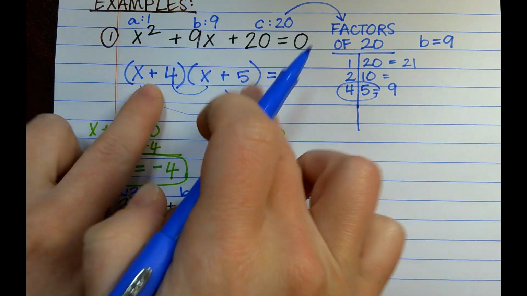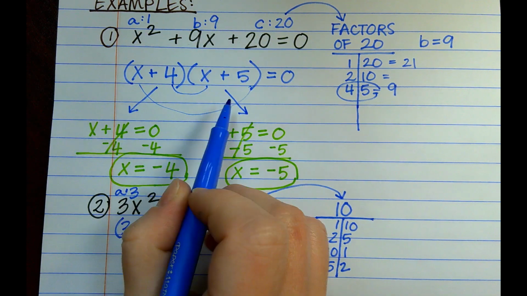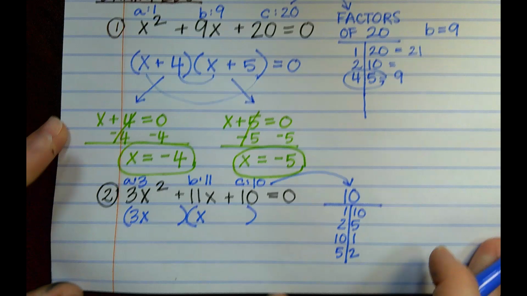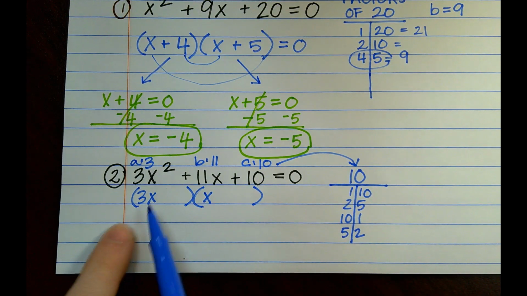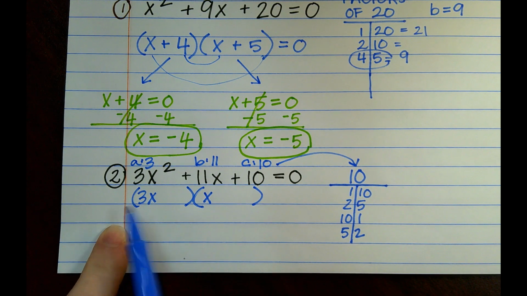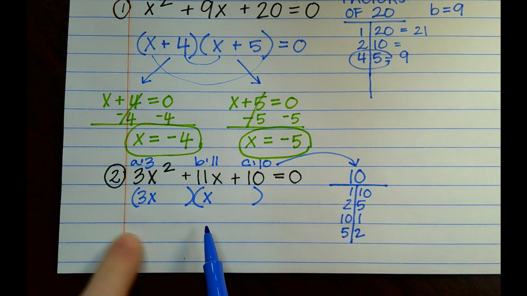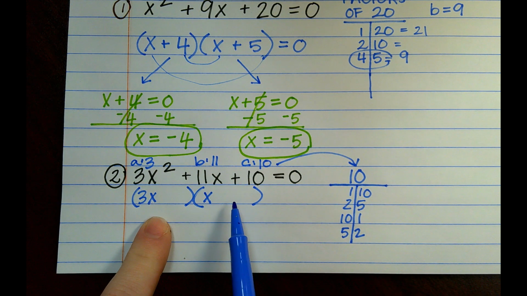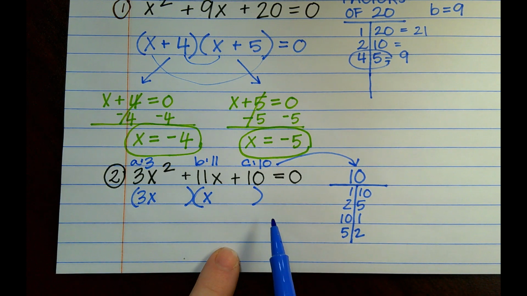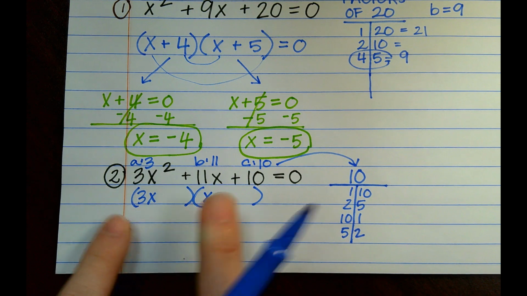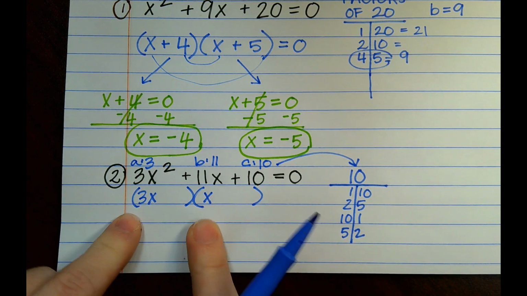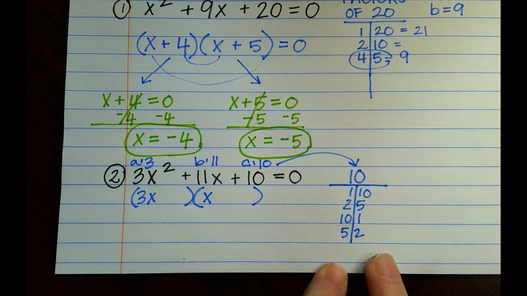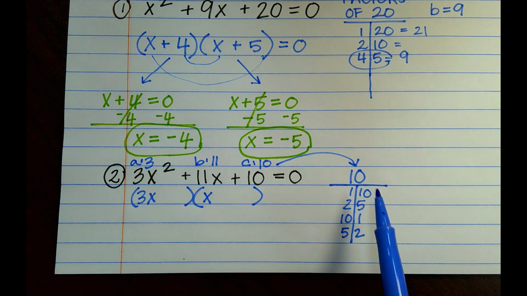If 5 and 4 were switched, I would still get 4x plus 5x. Nothing would change. But on this problem, my first term in each parenthesis is different. So if I do a 1 here and a 10 there, that will give me a different answer than putting 10 first and 1 second. So when we have different options in our parentheses, we do want to look at all the possibilities rather than just the first set there, just in case they don't work.